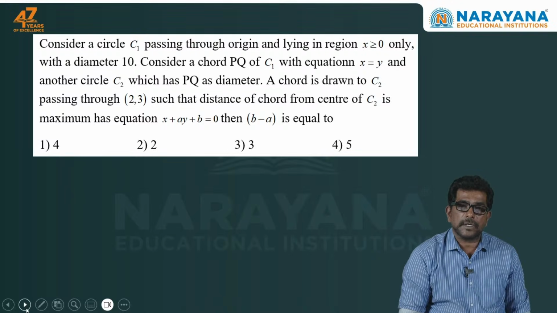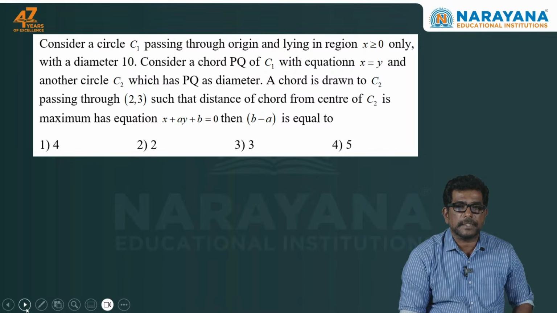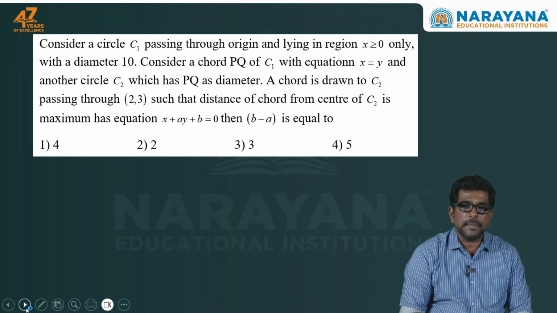A chord is drawn to C2 passing through (2, 3) such that the distance of the chord from the center of C2 is maximum, has equation x plus ay plus b is equal to 0. Then b minus a, they are asking.